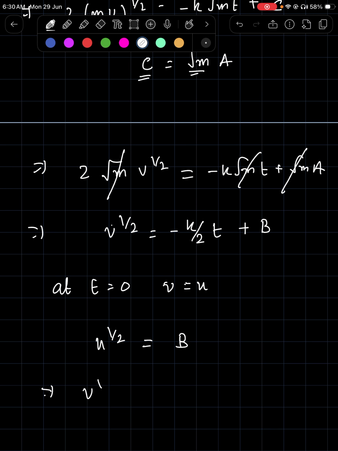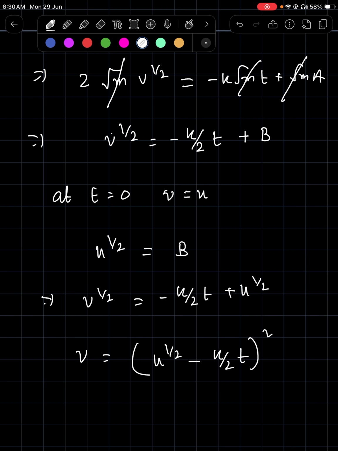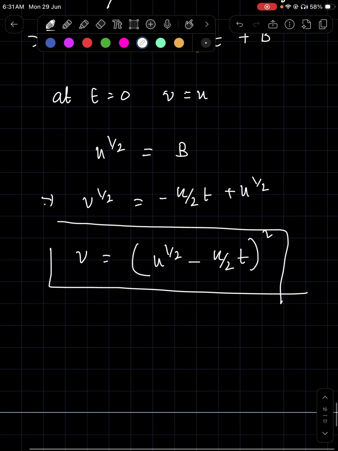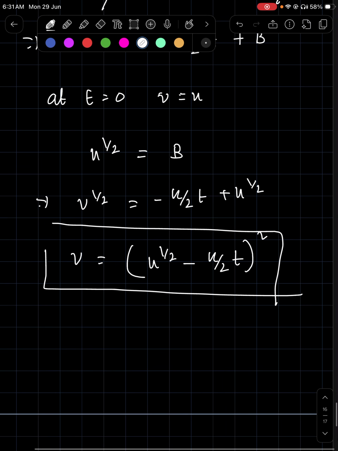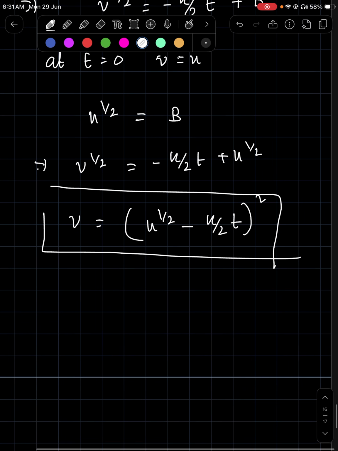So it becomes v to the power half equals u to the power half minus k by 2 t. So it is decreasing, decreasing. So this is the velocity again, with the time it is decreasing from the initial velocity.